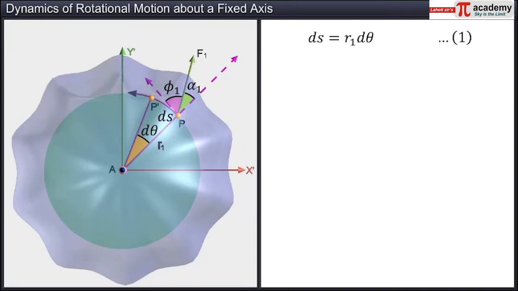Substituting the value of phi 1 from above, we get dW1 equal to F1 into ds cos of (90 degrees minus alpha 1), equal to F1 into ds sin alpha 1.